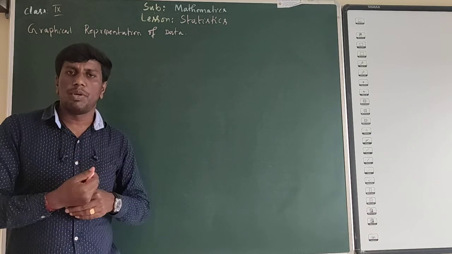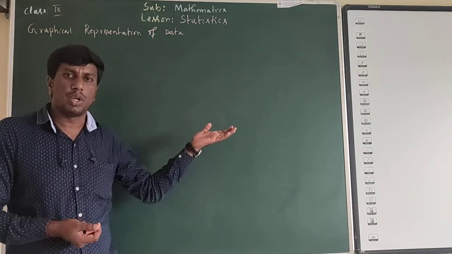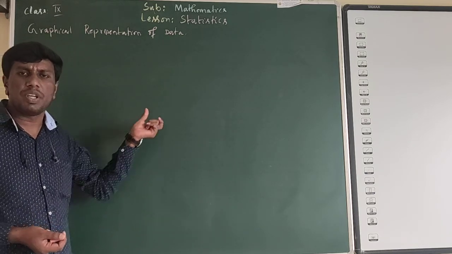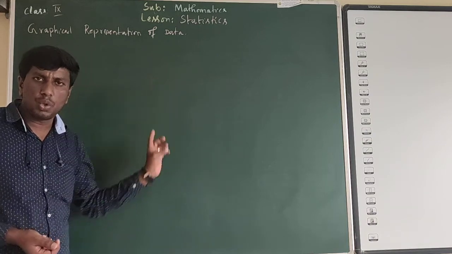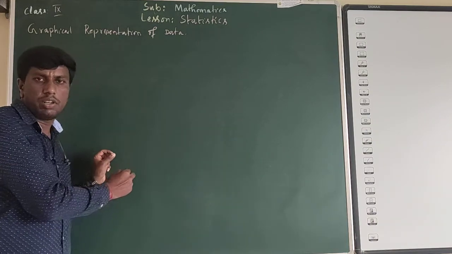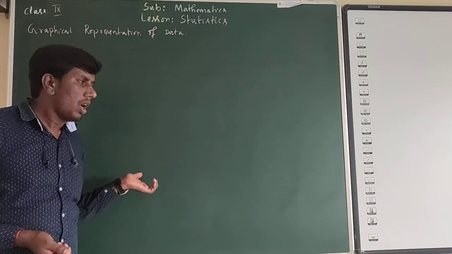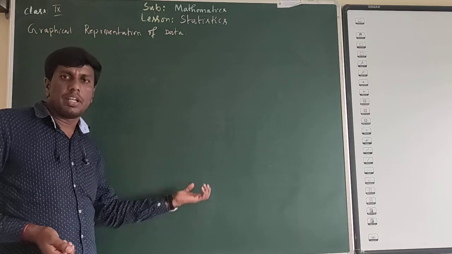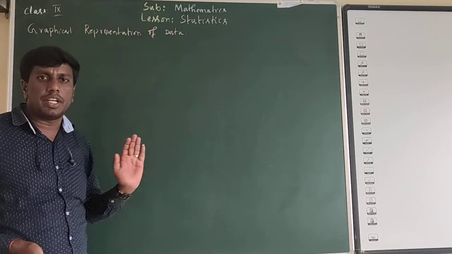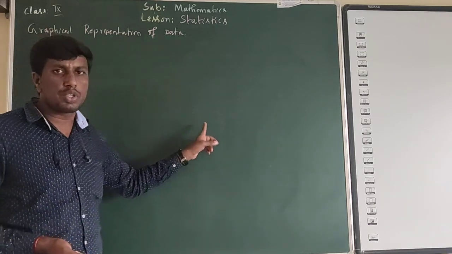Then we are organizing that information by using a group frequency distribution table, that is, by making the intervals, writing the tally marks and then the frequency, so that we organize the data in the group frequency distribution table.